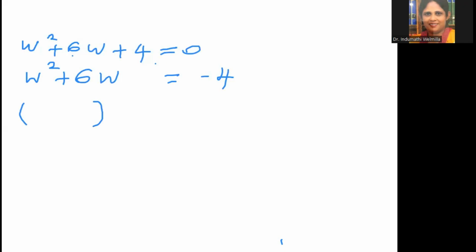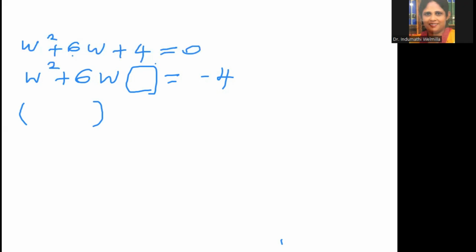Right? So for that, what is the required value here? An additional value. So we have to identify that additional value required here to write this as a completing squared factor. When we put in the additional value in here, and also put the same value in the other side of the equation, then the original equation cannot change.